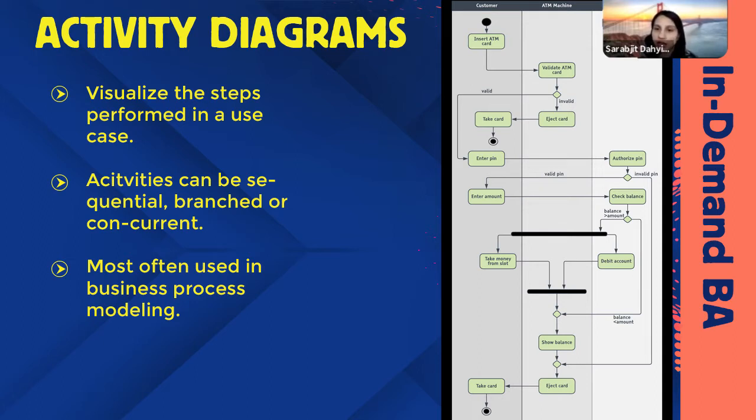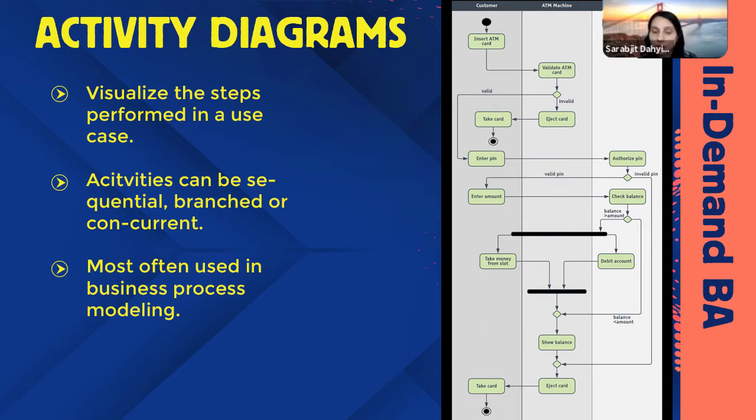Swim lanes are typically a type of diagram that showcase the end-to-end flow with roles and responsibilities based on the users involved in that workflow. So activity diagrams visualize the steps performed in a use case. This is probably a use case, so it shows the end-to-end flow of the use case.